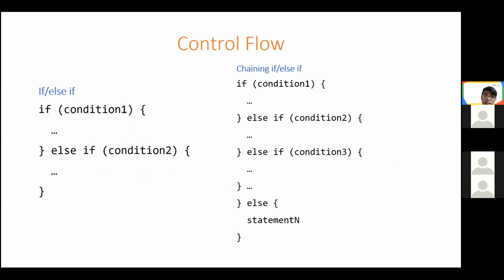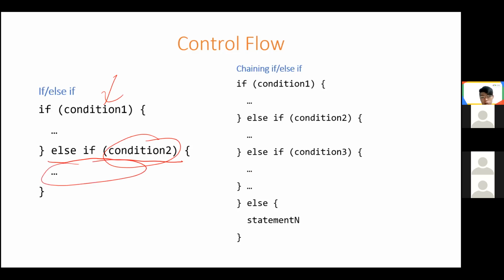You can chain this kind of if-else statement as well. If you have multiple conditions that need to be addressed, you can chain if statements together with else if statements. Over here, I have a first condition. If condition 1 is false, I will evaluate this second condition. If it's true, I'll execute here.